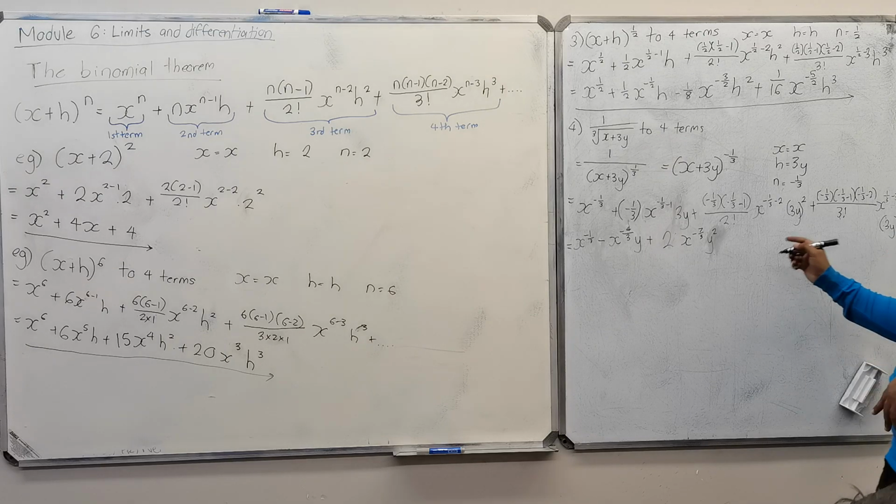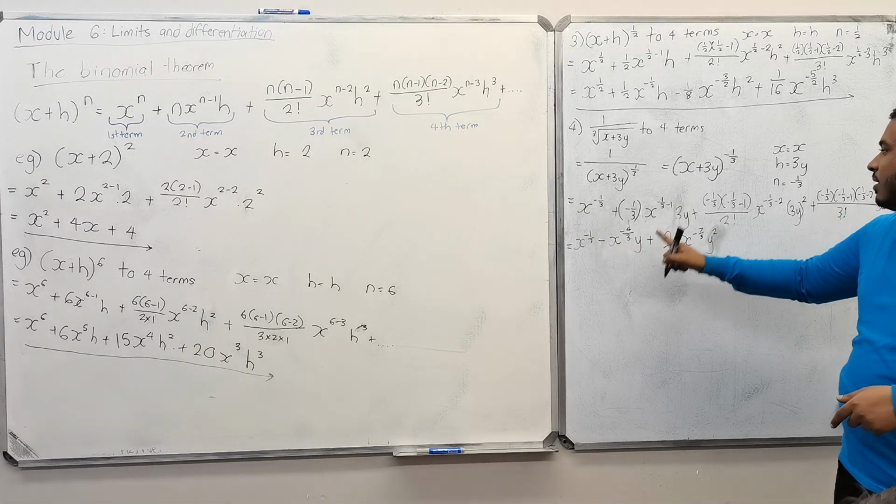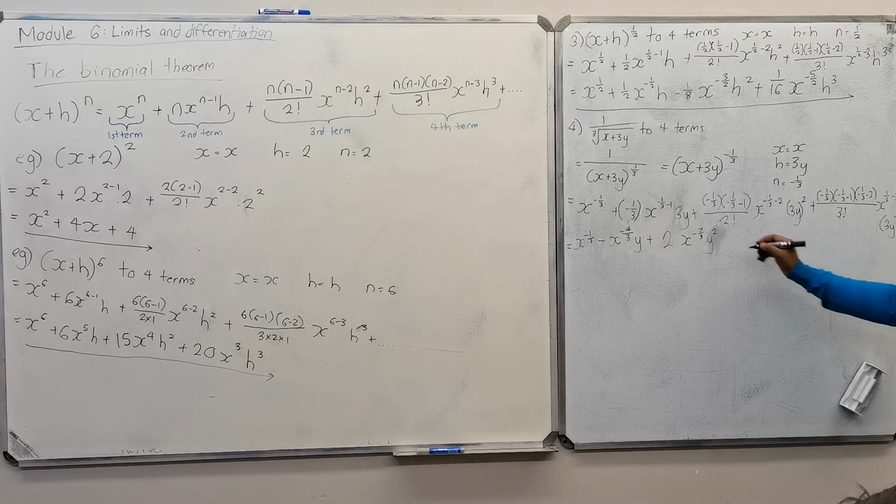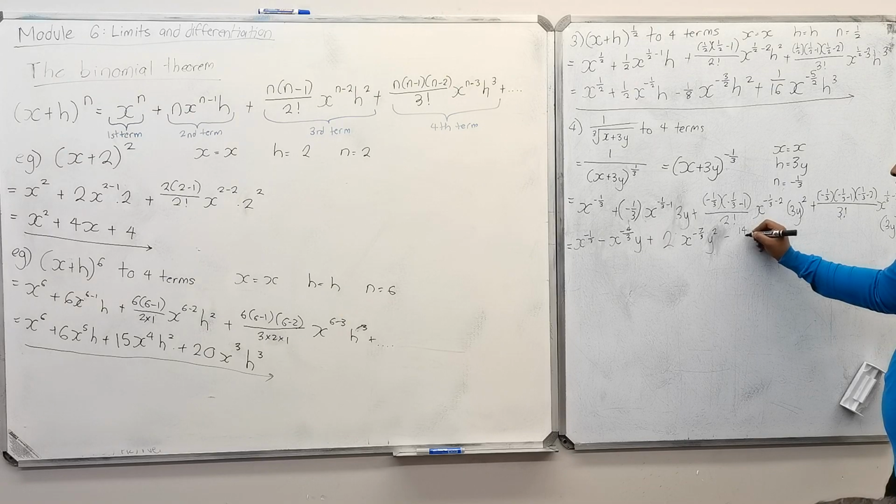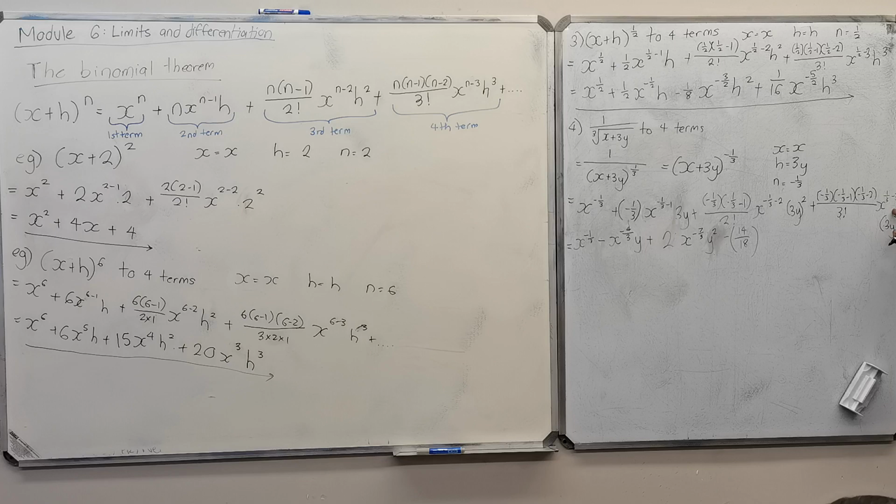Is it okay? So I covered that term, covered that term, covered that term. Now, this whole thing in the calculator gives minus 14 over 18, and then here you're going to end up with 10 over 3.